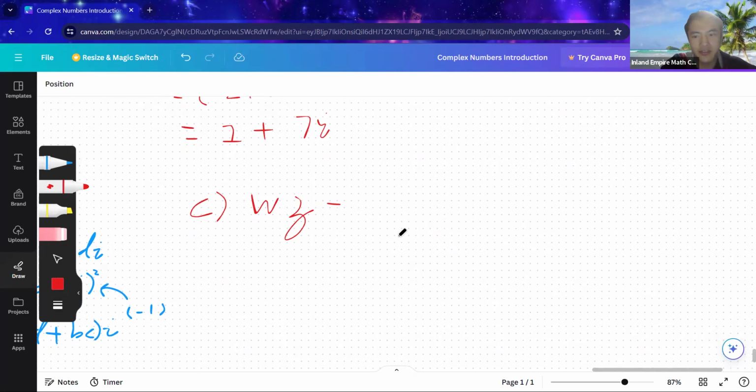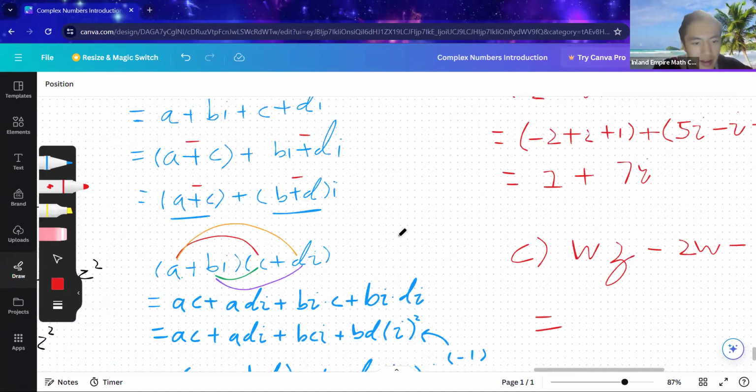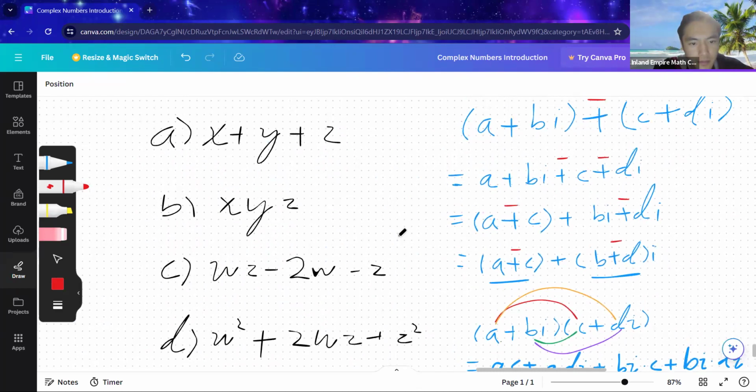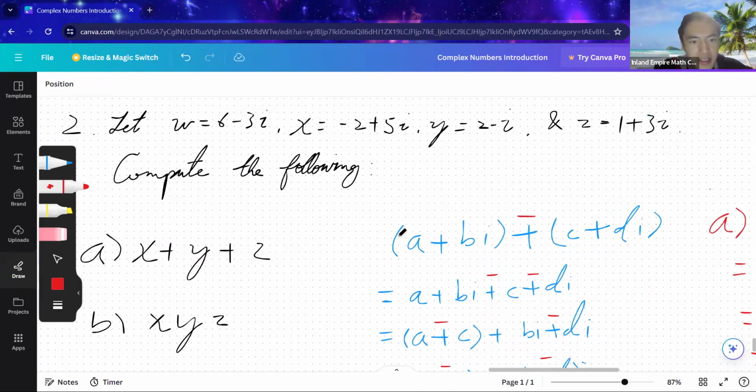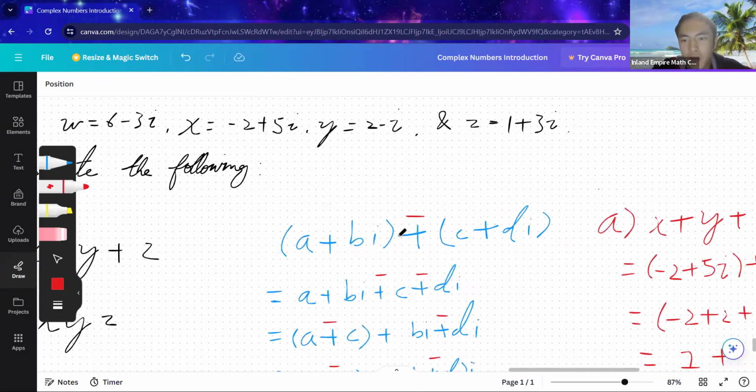This is the cursive for Z. So WZ minus 2W minus Z. And from the problem, we know that W is equal to 6 minus 3i, Z is 1 plus 3i.